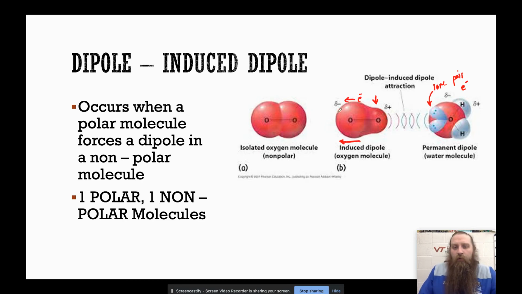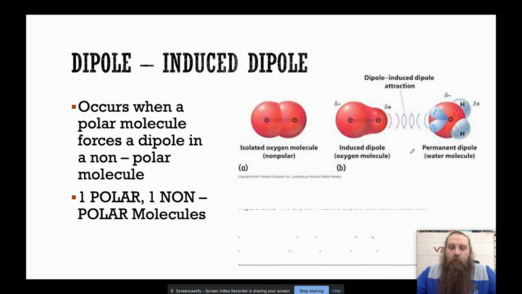Well, when they do that, they all accumulate over here, and I end up with a partial negative charge, and I have a partial positive charge on the right. I have induced a dipole. Well, once the dipole has been induced, and this side is positive, and this side of water is a partial negative, well, there is my dipole-induced dipole force of attraction. Okay, so that's a dipole-induced dipole.